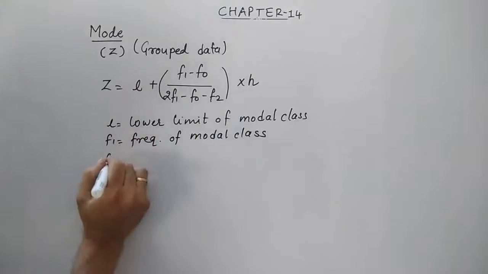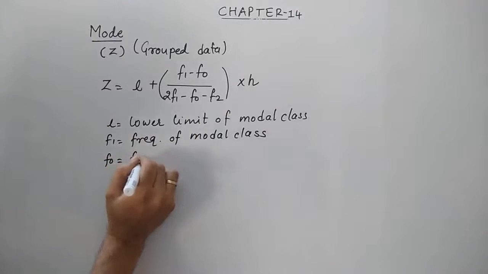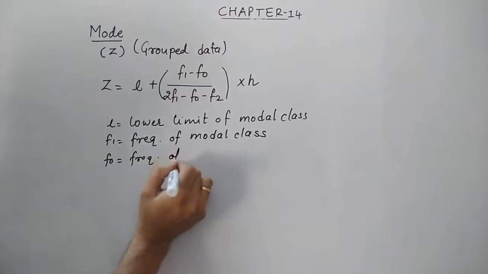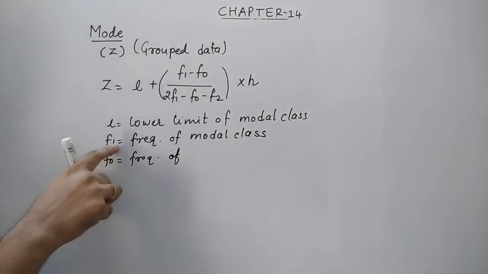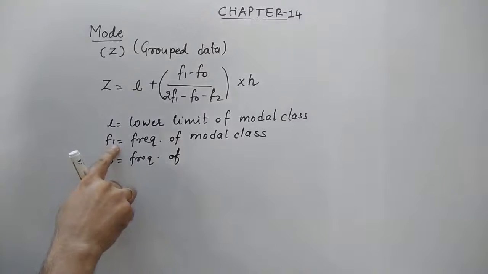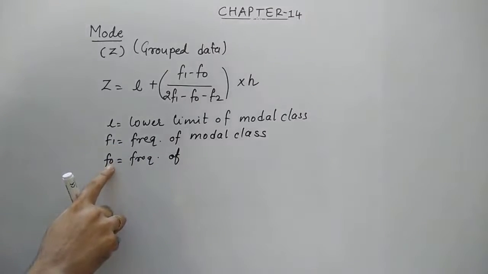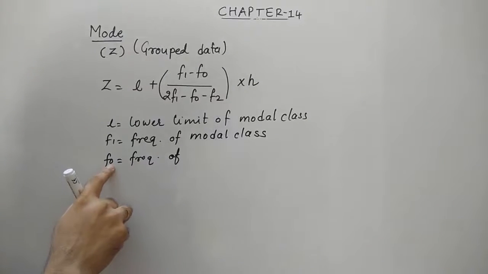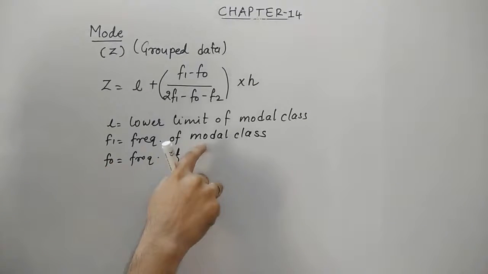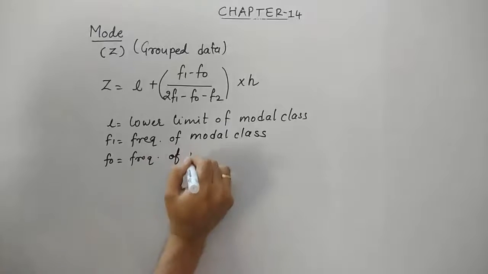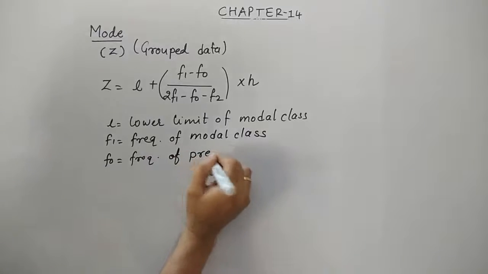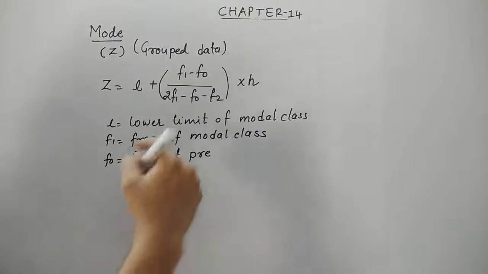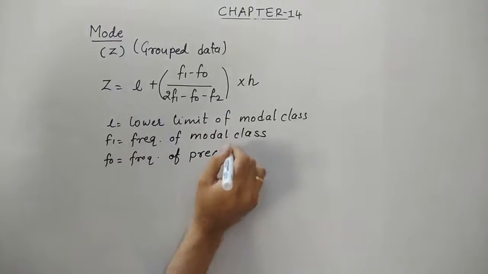Now F0. Again it is a frequency. See, the 0 comes before 1, so we can say that this frequency is the preceding of that frequency. Preceding means previous number or previous value.